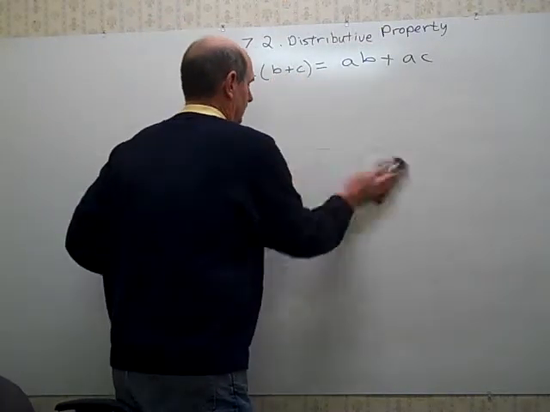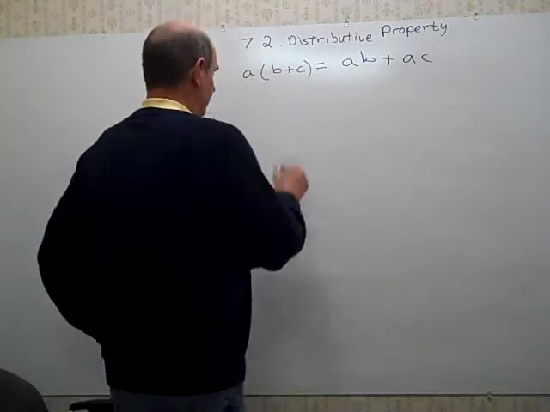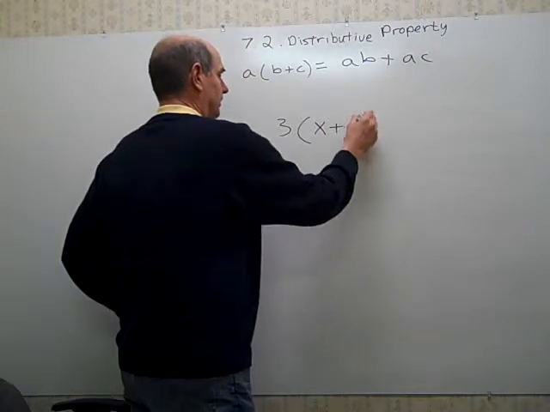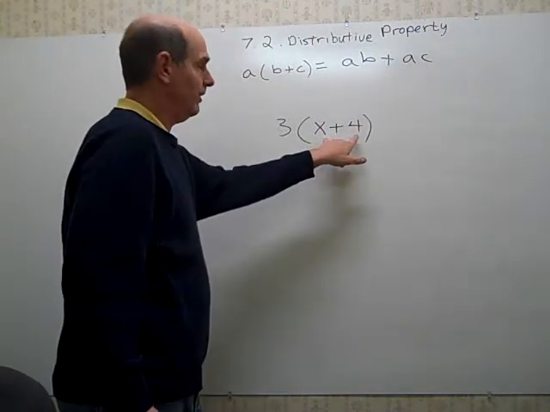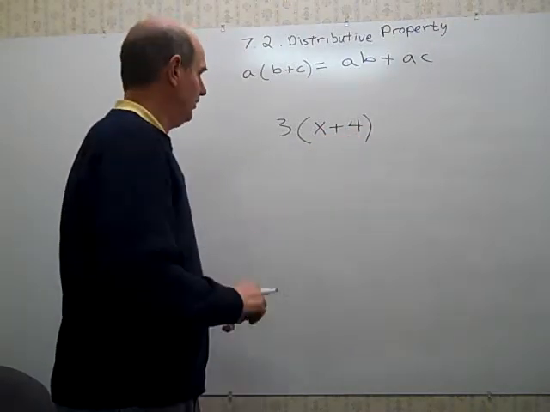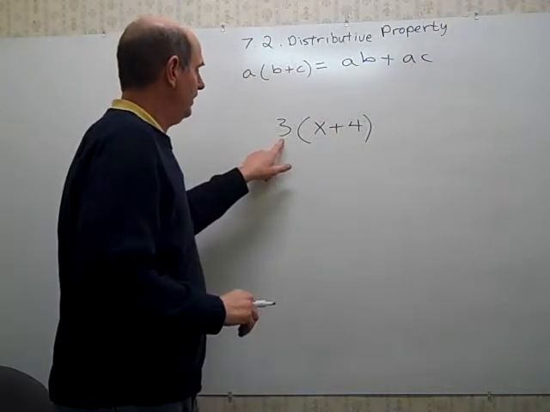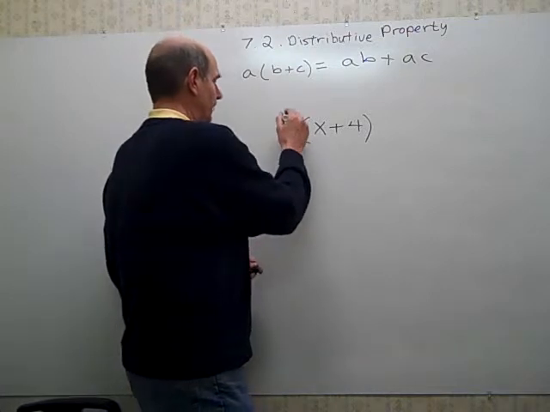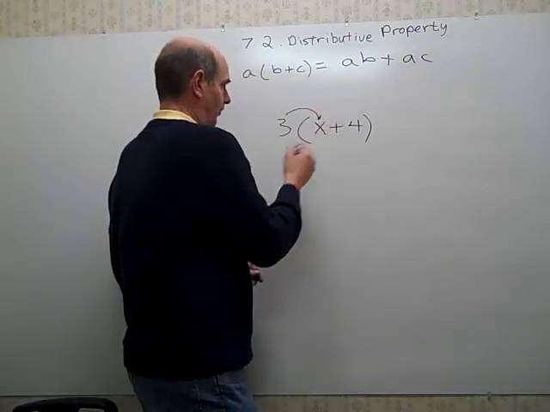So, another example of this would be if you have 3 times x plus 4. You can't simplify this any further, but you can do the multiplication. You can do the 3 times the x and the 3 times the 4. And when you do 3 times x, you can kind of draw an arrow like this if you want to.